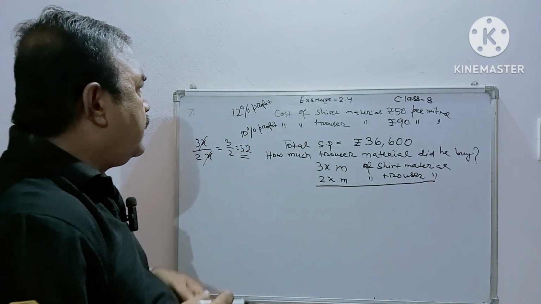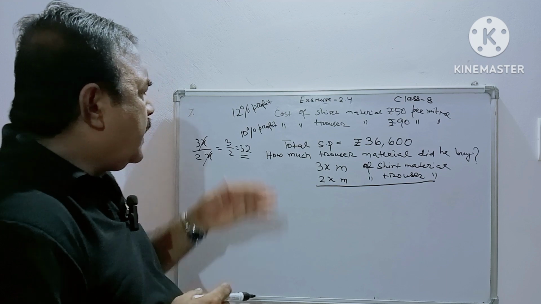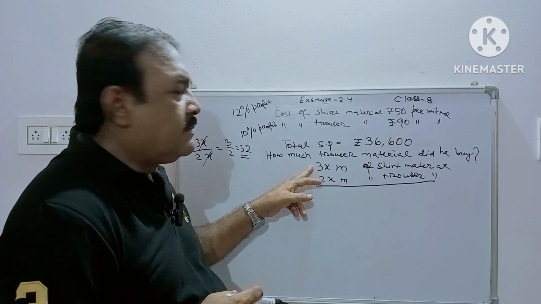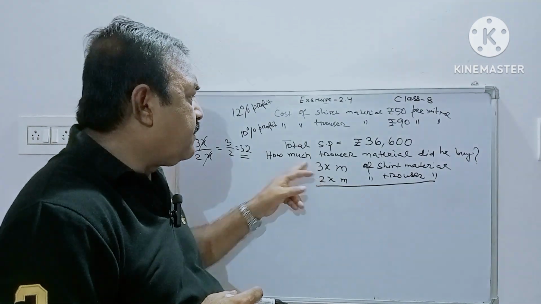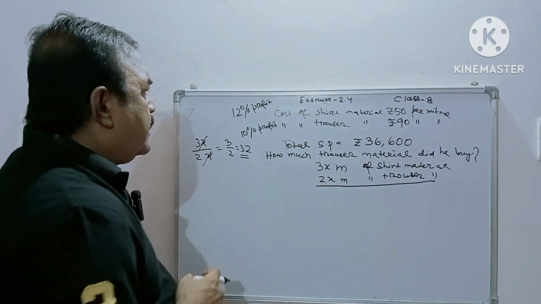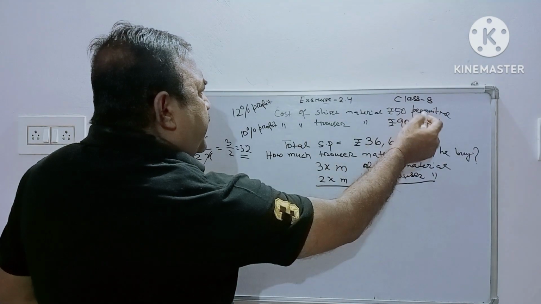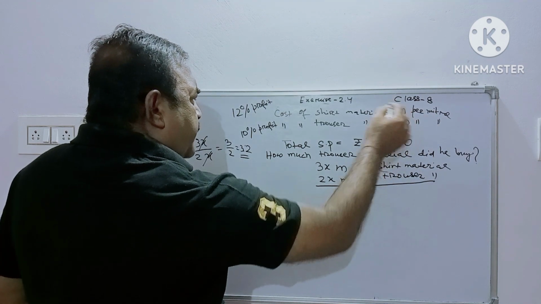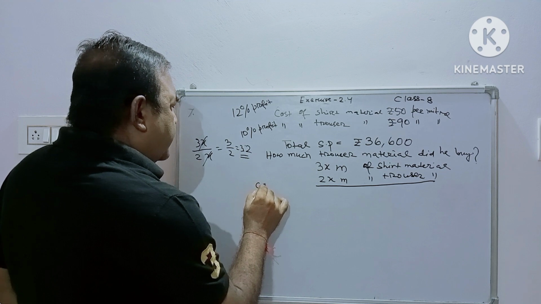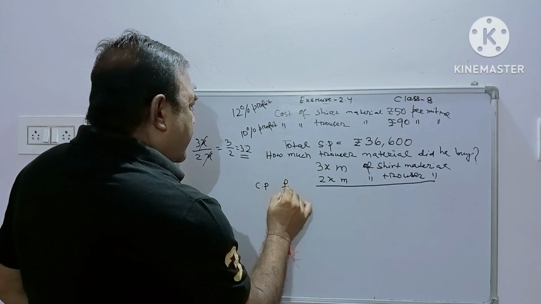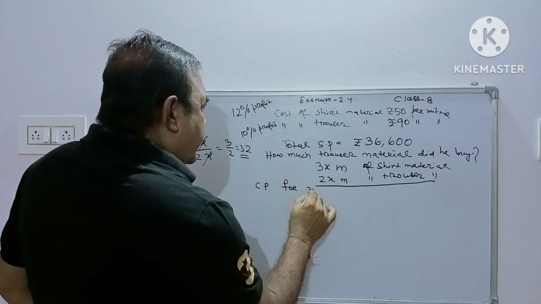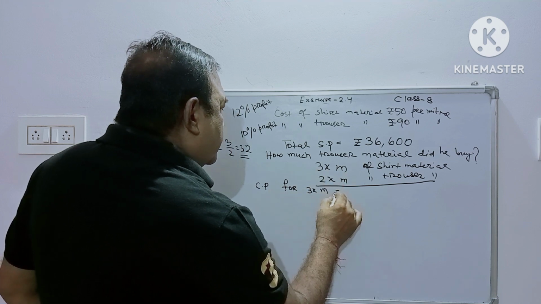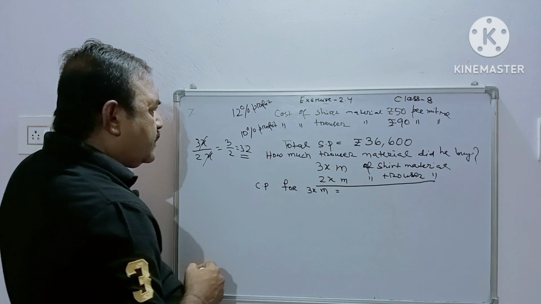Okay, so you see what profit he has made out of the 3x meter he has brought of the shirt material. Let's see, per meter the cost price is rupees 50. So what is the cost price for 3x meter of the shirt material?